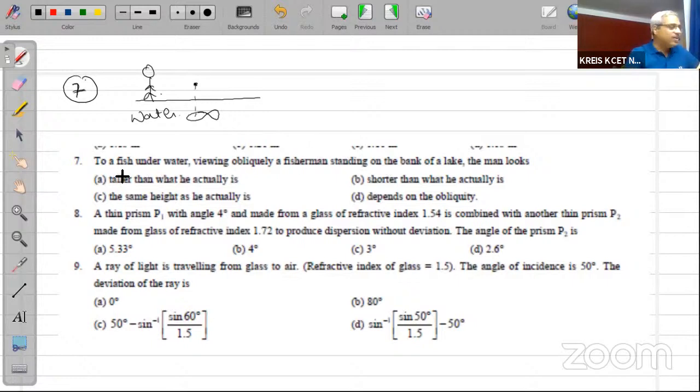That is what they are asking. Okay, the 7th question is basically a conceptual question. It is a nice one, think about it. You will find this to be very interesting.